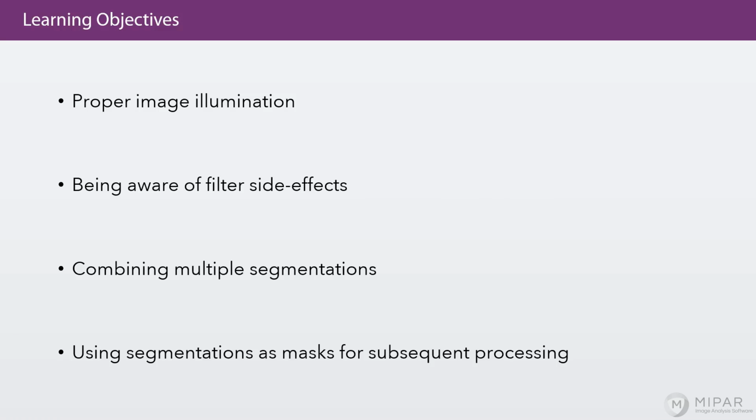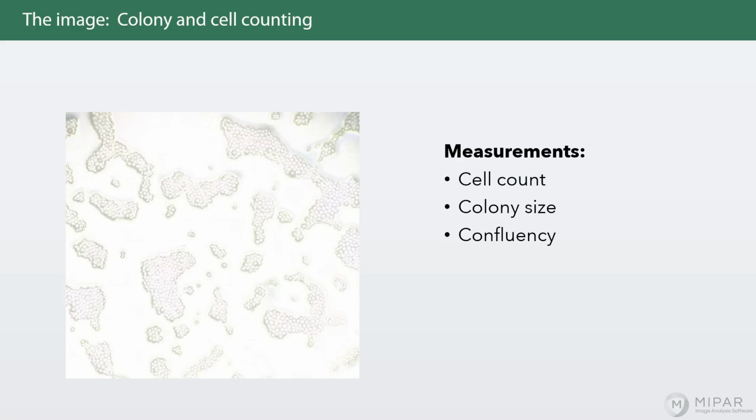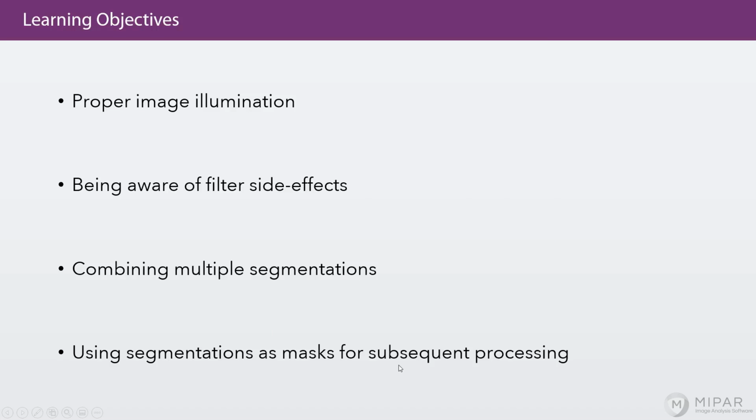So, our learning objectives. First, we'll briefly touch on proper image illumination. We can see in this image there's overexposure in the center, underexposure in the back, and what might be the cause of that. Then, as we discuss filters that we can use to compensate for this improper image illumination, we'll talk again of being aware of filter side effects.